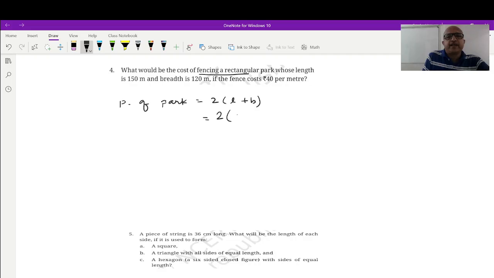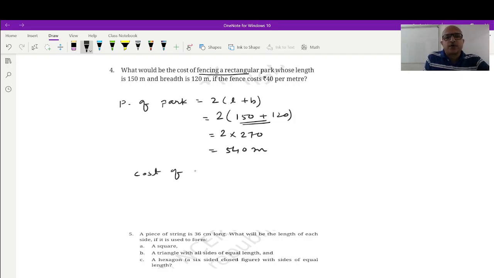So here the length is given as 150 and the breadth is given as 120. We have to solve this bracket first. So that is 270, 27 into 2, that is 540. This is the perimeter, and the unit is meter. So this is the perimeter we are getting. Now we need to find out the cost.